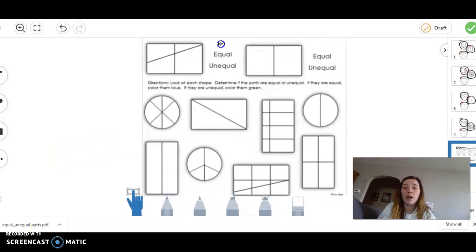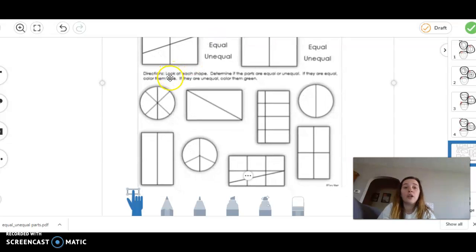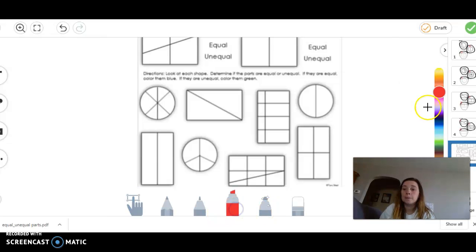The bottom part, look at the directions. It says, look at each shape. Determine if the parts are equal or unequal. If they are equal, color them blue. I like to highlight and tell me, okay, if they're equal, I'm going to color them blue.